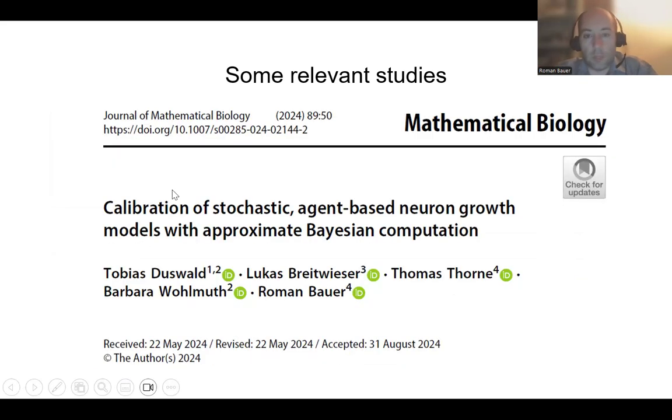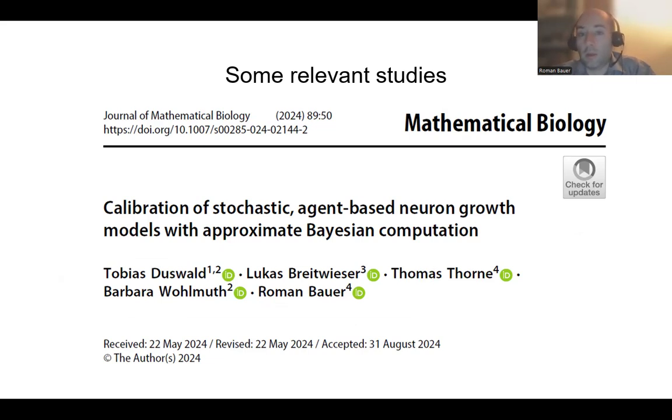Another recent paper that we published is here. That was just last year, where we used approximate Bayesian computation to optimize various features of those neuron growth models. So when you grow a neuron, you have many parameters, of course, and using approximate Bayesian computation, we can actually calibrate those growth parameters to get us very close to the real observations and the distribution of the real observations.